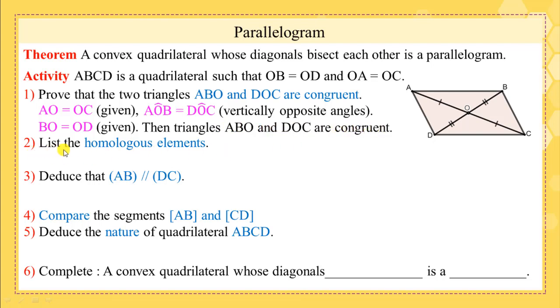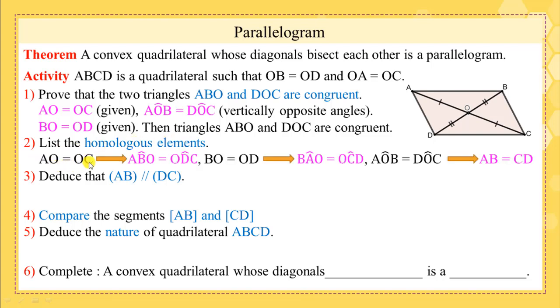Part 2. List the homologous elements. AO equals OC, so the angles facing these sides are equal. ABO equals ODC. BO equals OD, so the angles facing these sides are equal. BAO equals OCD.